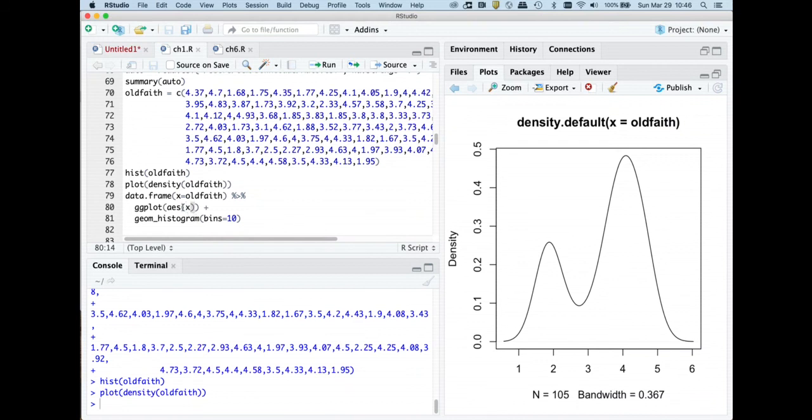So the variable I'm studying is x, which is what I called my measurements up here. Now I've defined what variable I'm studying. What do I want to do with it? Well, I want to make a histogram out of it. So geom_histogram, the plus sign sends this to this plotting function, and then I can specify various arguments like the number of bins that I want.